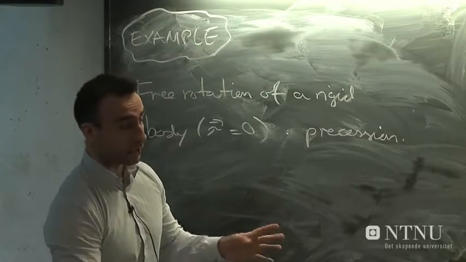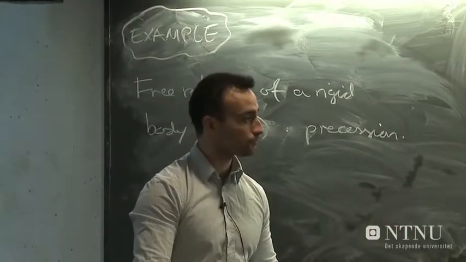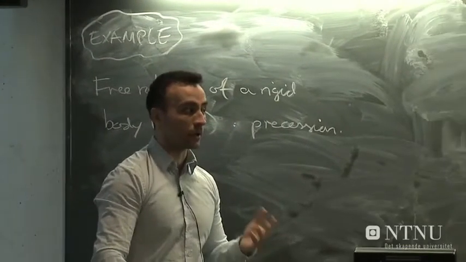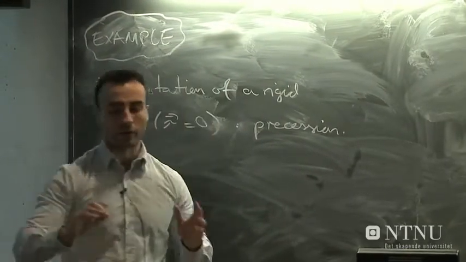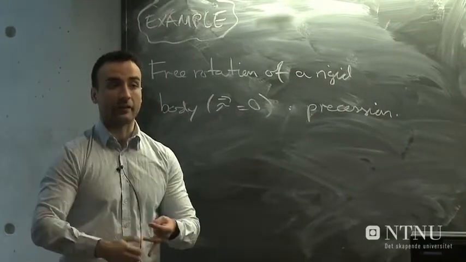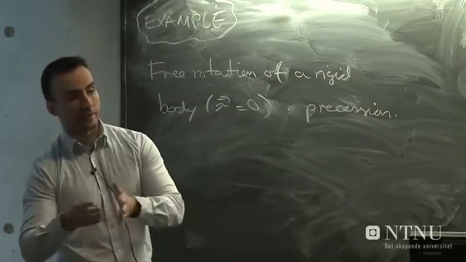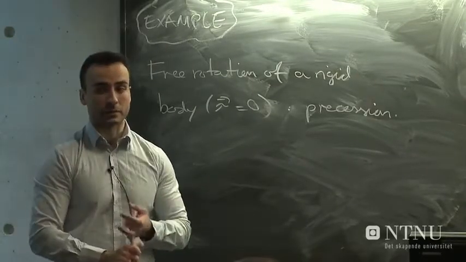So now the goal is to use these equations of motion to find omega of t. And if we know omega of t, and we know how the body looks like, then we should be able to find both the kinetic energy and the angular momentum, because they're both related to the matrix of inertia and the angular velocity vector, only these two quantities.